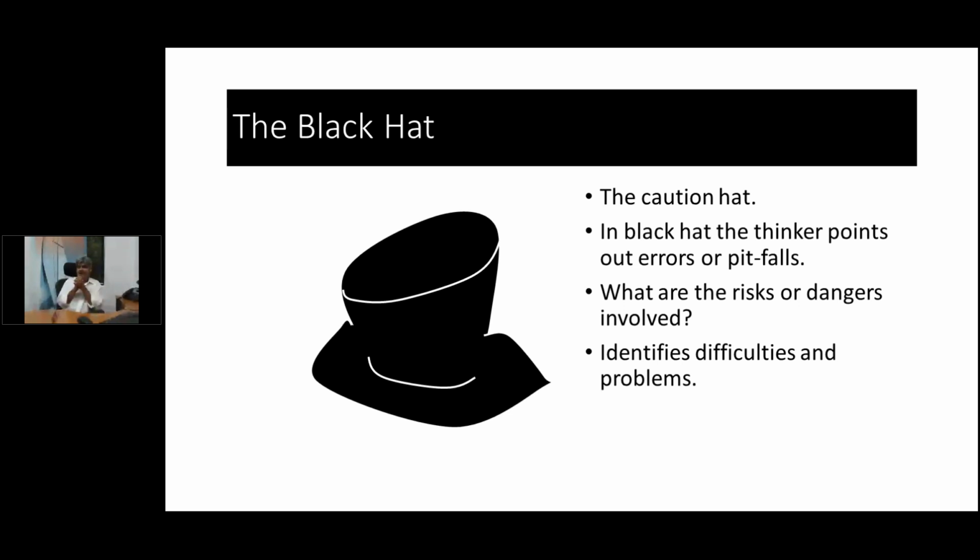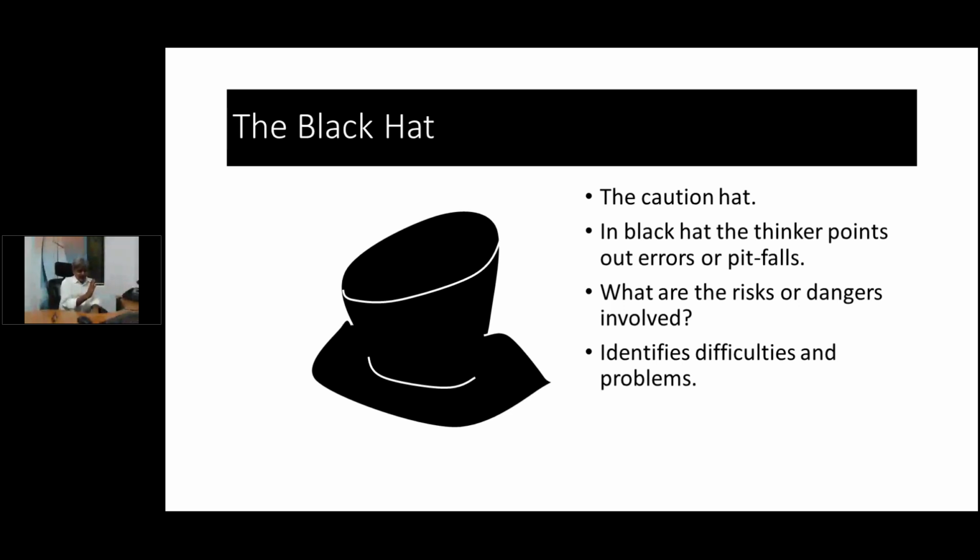They always tend to criticize: don't do this, don't ever do this, because if you do that, you will have this. They're always looking at the darker side of the picture. Yellow hat is the optimistic side. This is the pessimistic side.